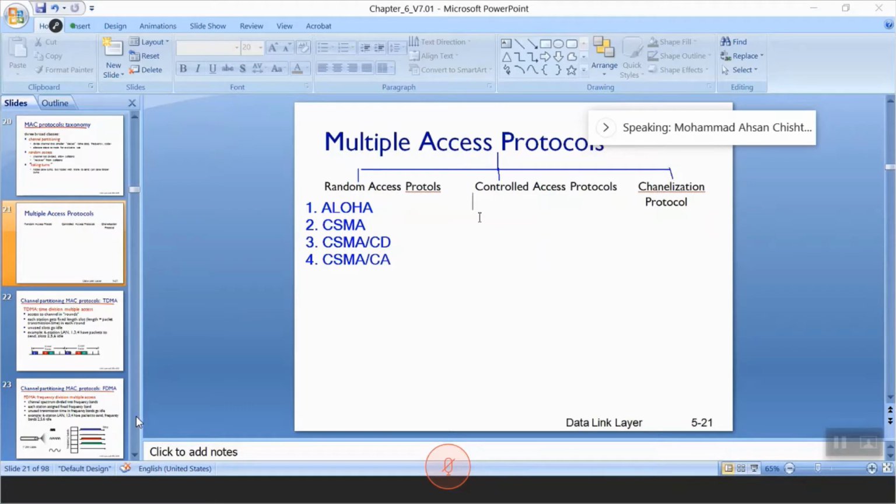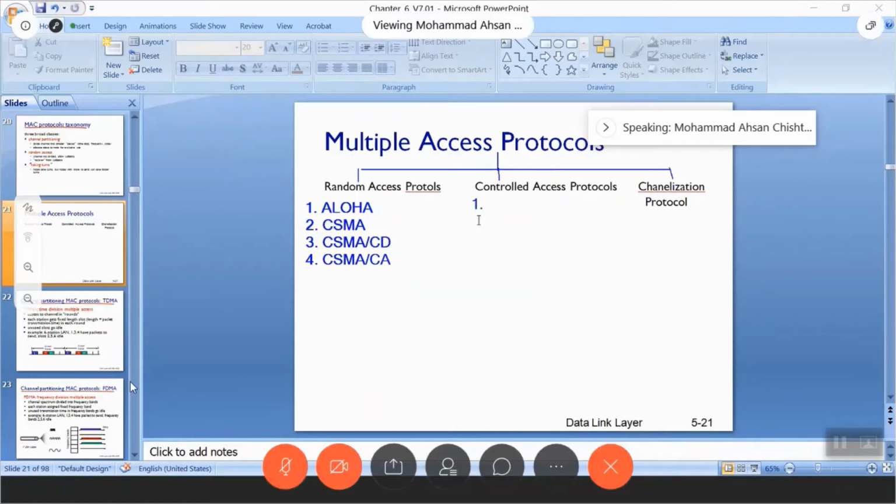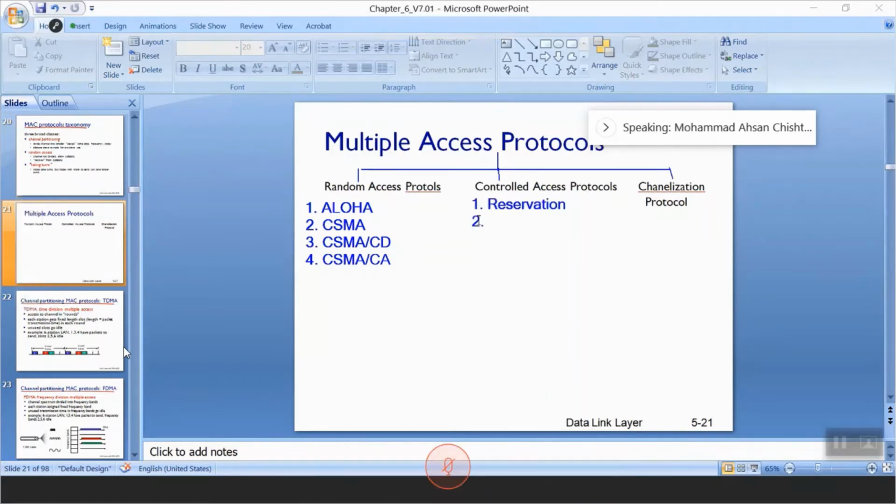Likewise, in controlled access protocols, we have three. Number one, reservation. Number two, polling. Number three, token passing. And for channelization as well, we have three.